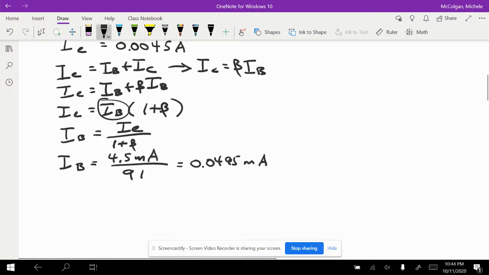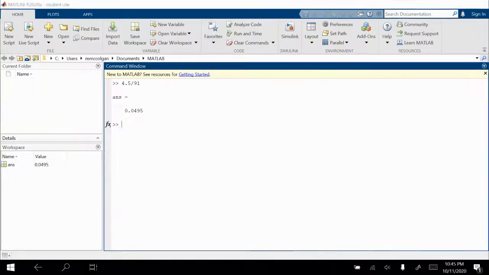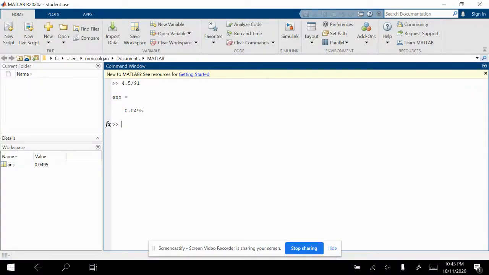And now we want to calculate IC. So IC is equal to beta times IB, and that's equal to 90 times 0.0495 milliamps. Again, I can go back to MATLAB and just do a quick calculation here.